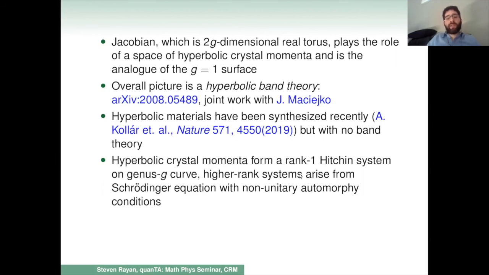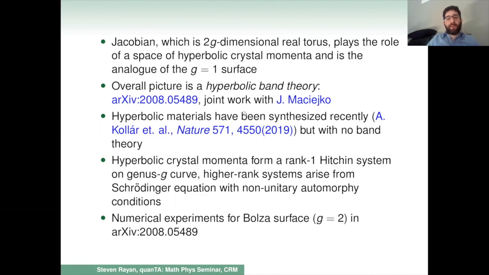And higher rank systems are possible if we consider Schrödinger equations with non-unitary automorphy conditions. So higher rank and non-unitary, and then we get not just line bundles or U(1) characters, but higher rank bundles with Higgs fields. So this is an exciting intersection between Hitchin systems and condensed matter.